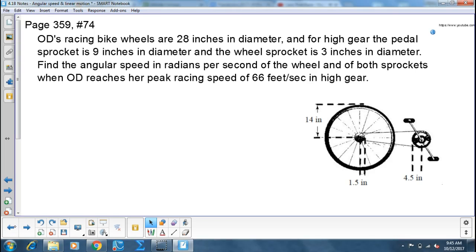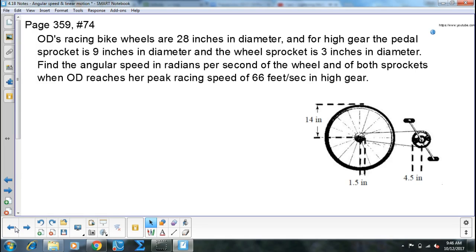How many angular speeds do we have to find? Angular. How many do we have to find? Like the wheel and the wheel sprocket are spinning at the same angular speed because they're on the same axle, if you will.